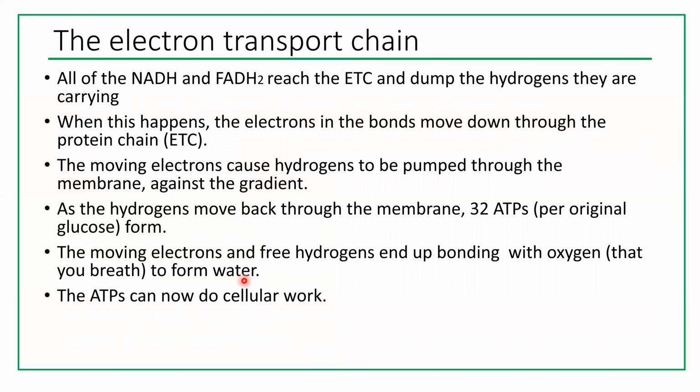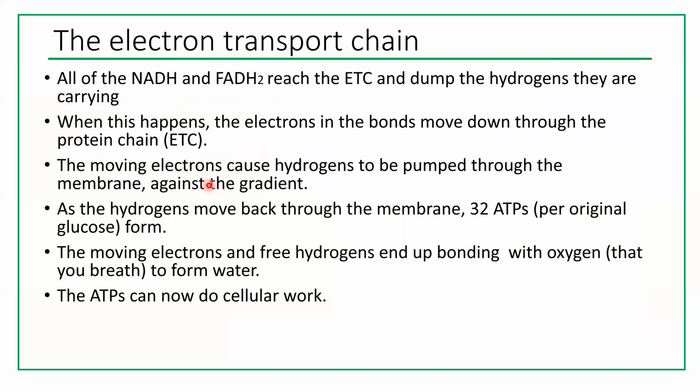Okay, so here's now everything that I told you, only in writing. So let's go ahead and read it. All of the NADH and FADH2 reach the ETC, electron transport chain, and dump the hydrogens they are carrying. When this happens, the electrons in the bonds move down through the protein channel. So electrons start jumping from one protein to another.